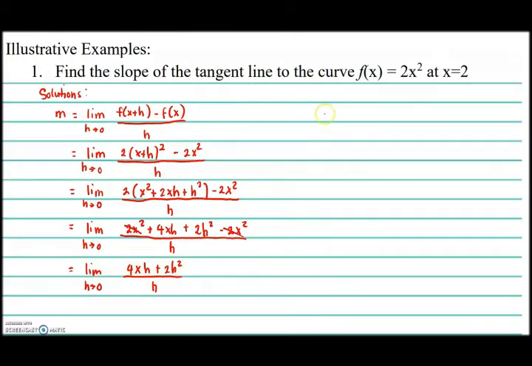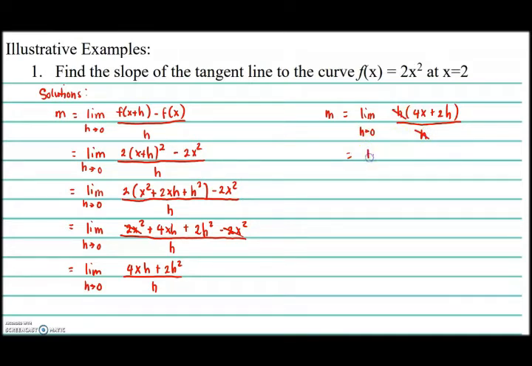Continuing, we have m is equal to the limit of h times 4x plus 2h over h as h approaches 0. Now we can divide out h.